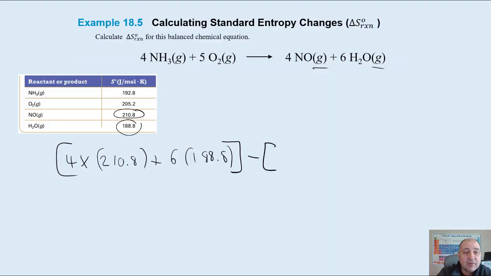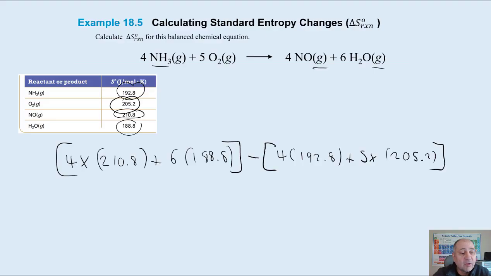Here we have NH3, so it's 4 times 192.8, and add to that 5 times that for oxygen, which is 205.2.